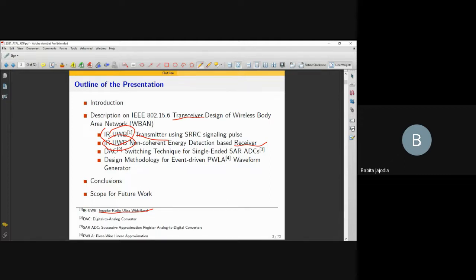We will discuss IRUWB because it makes an optimized, low power consumption design due to the large bandwidth. IRUWB generally covers the range of 3.1 to 10.6 gigahertz. This itself signifies that we need to send pulses of minimum width in the transmission, which increases the bandwidth.